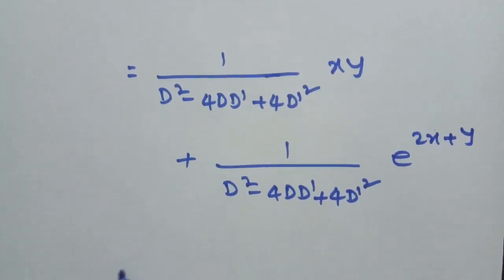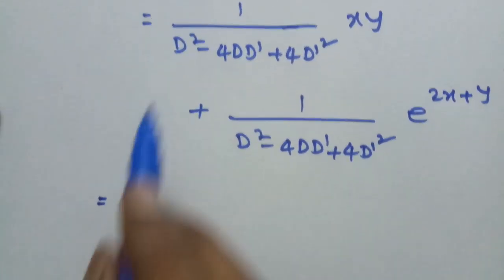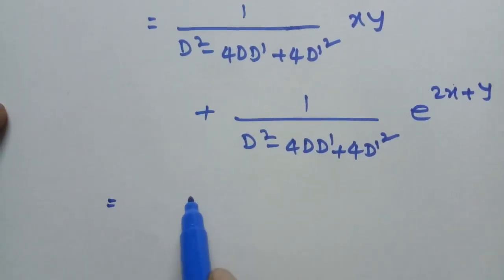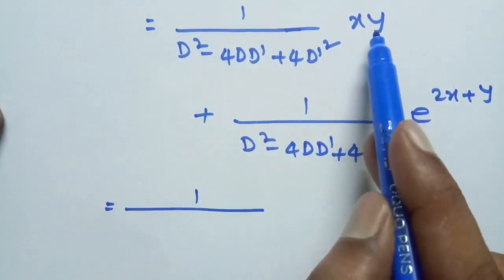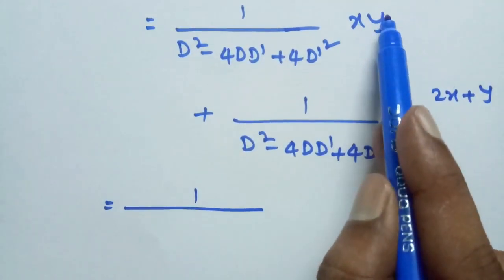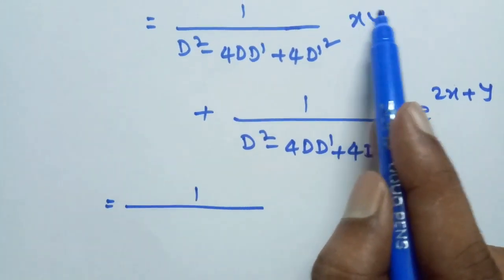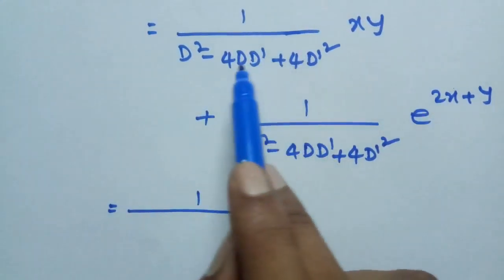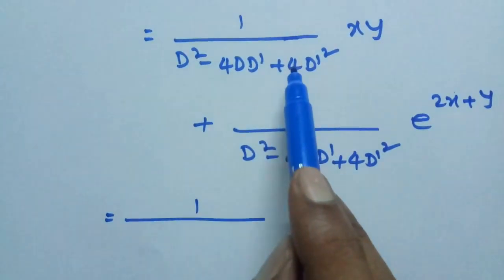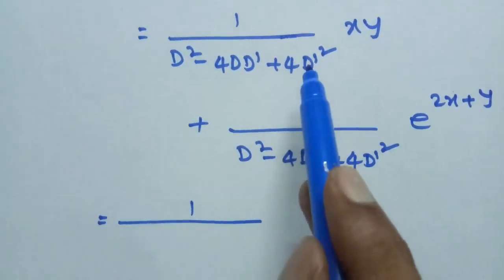Therefore, this is equal to 1 by, this is rule number 3, x^m y^n. Here m equal to n, both the power of x and the power of y are the same. Therefore, you can write the denominator either in powers of D'/D or D/D', so anyone is okay.